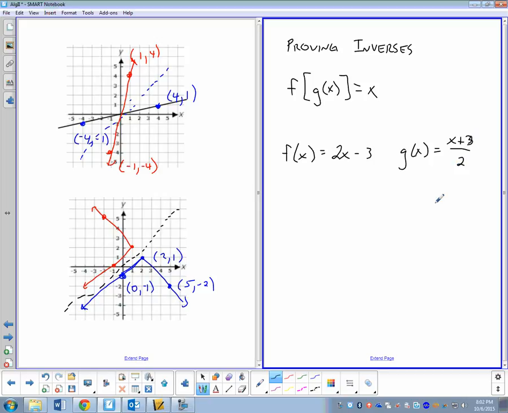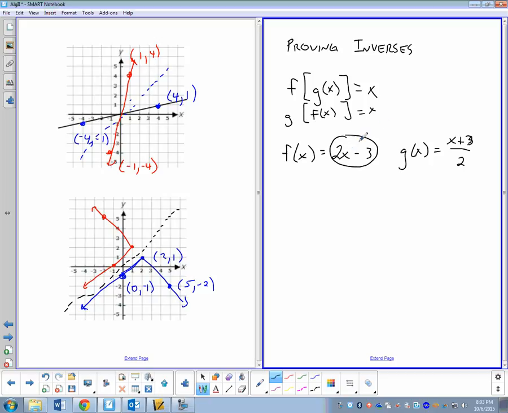Okay? So to figure out if these are inverses, I'm going to take one of these functions and plug it into the other. So I could do this, or I could do this. I don't need to do both, just one or the other. Normally, I'm going to look at whichever one looks like it's easier, and I'm going to plug that into the other one. I think this one looks easier.